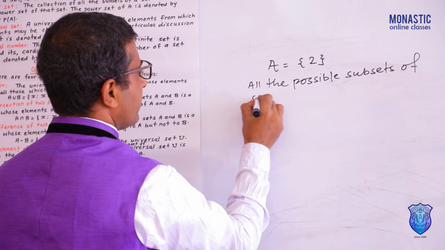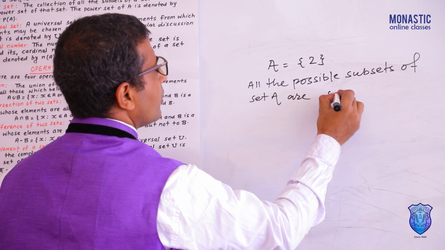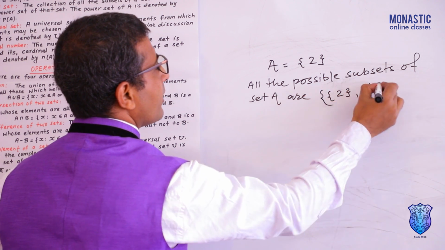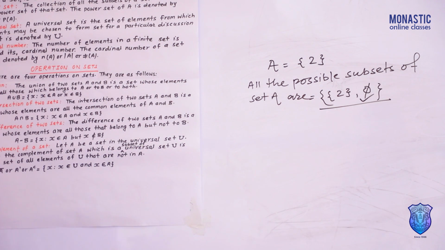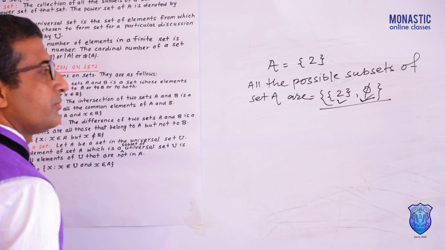Here the first two, and we have to remember every set has a subset, that is the null set. Here the two subsets are the null set and {5}.